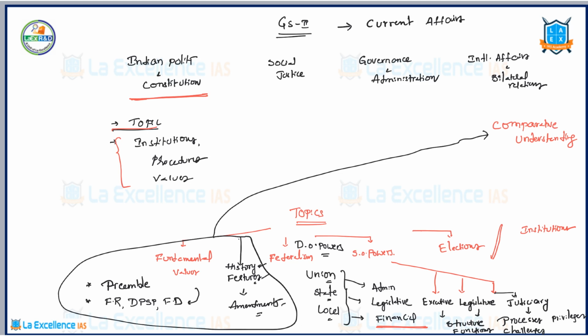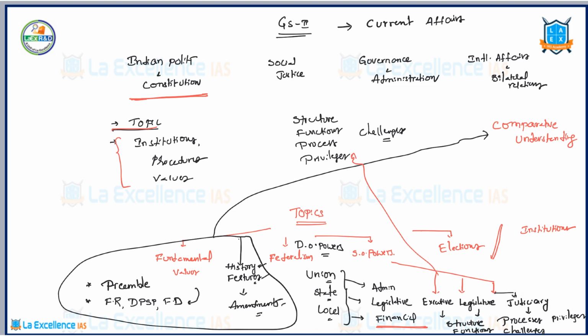In the executive and legislature, what we are talking about is the structure of the institution, functions, processes and procedures in that institution, privileges of those, and finally, what are the challenges which these institutions are facing. So I have reflected over here. Please take a look at that.